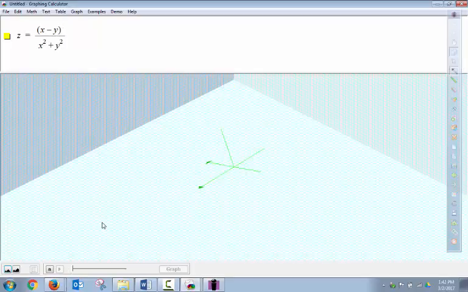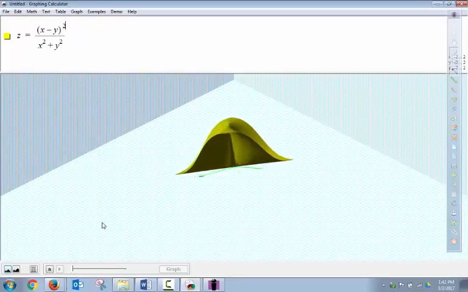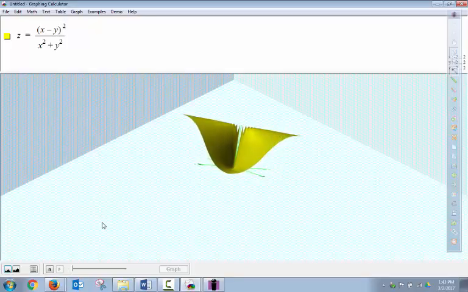Now let's take a look at that one that doesn't exist again. Here, in this particular scenario, there's no way to fold the paper or mold that rubber sheet and make it look anything like this without having to cut it up.